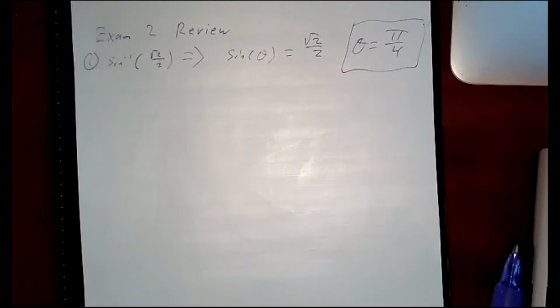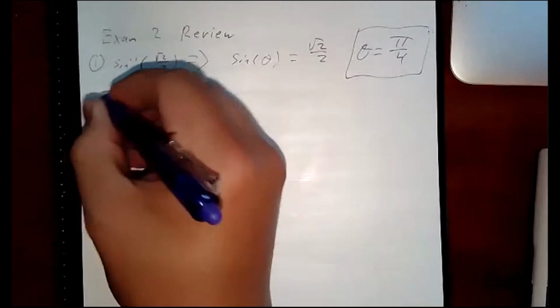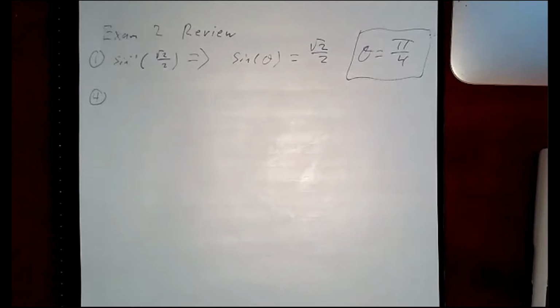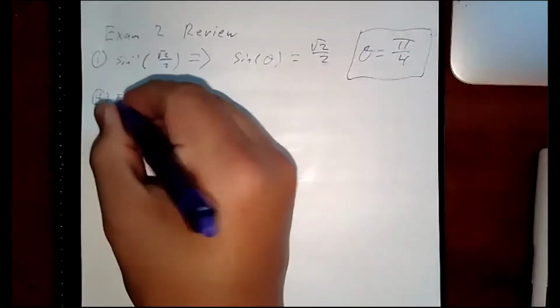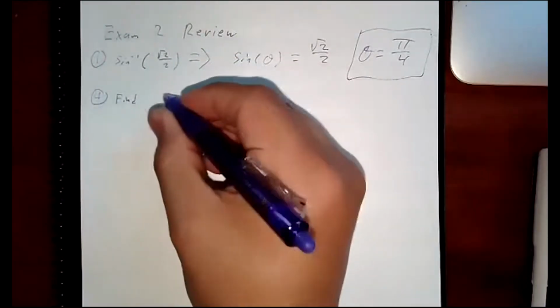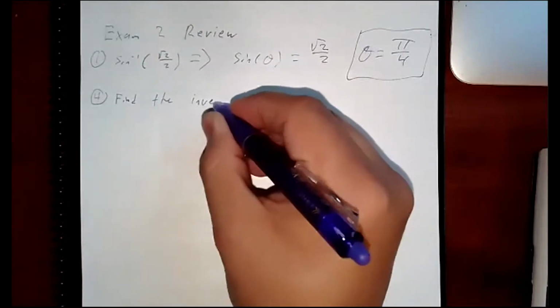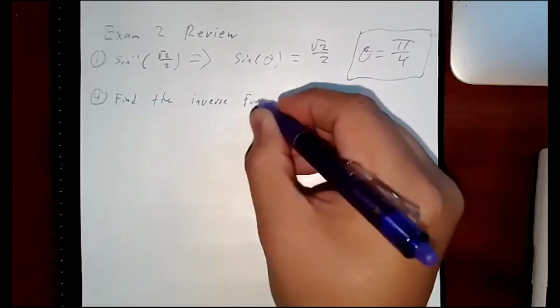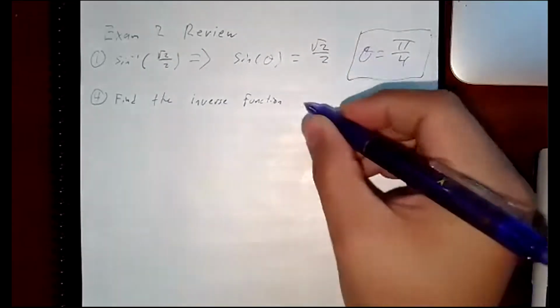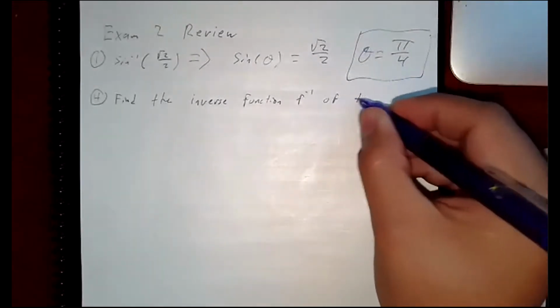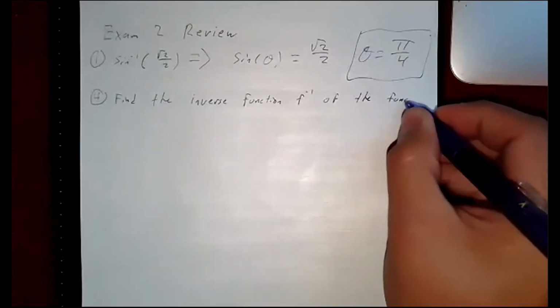find the inverse of a function. So this is number 1, 2, 3, 4, number 4. Okay. So this guy says find the inverse function f inverse of the function f.